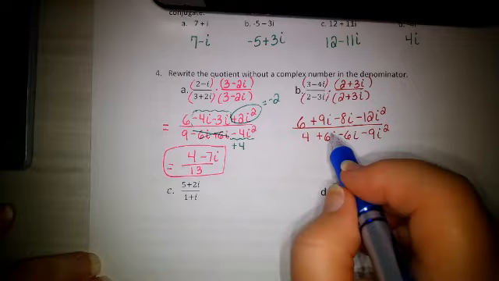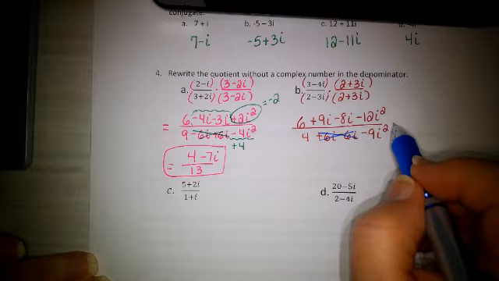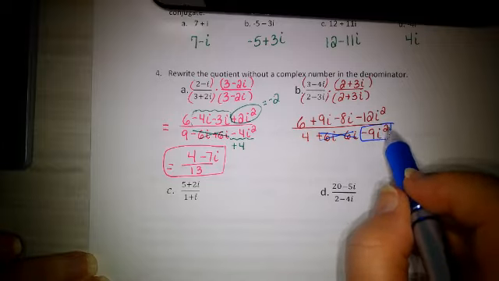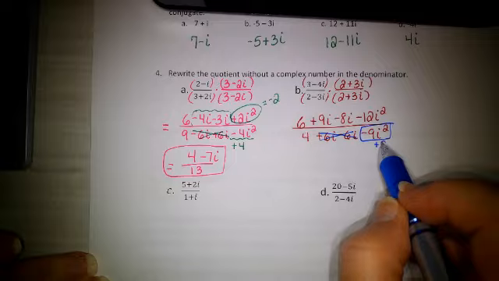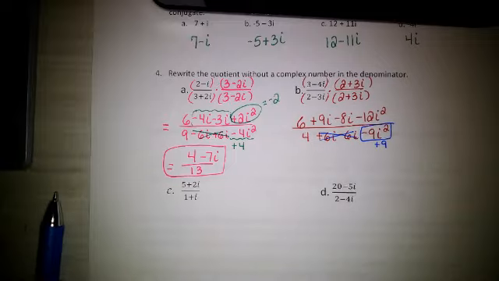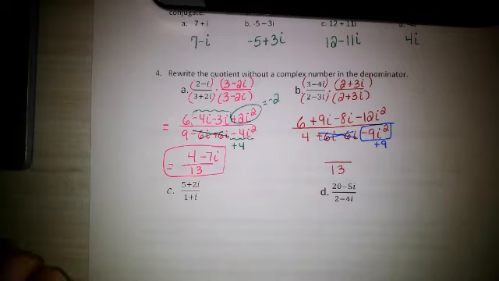So we kind of knew this was going to happen. Those cancel. And negative 9i squared, remember i squared is negative 1, so that's actually a plus 9. So my denominator is 13 again. 4 plus 9.